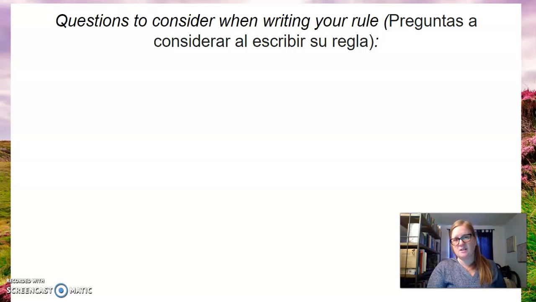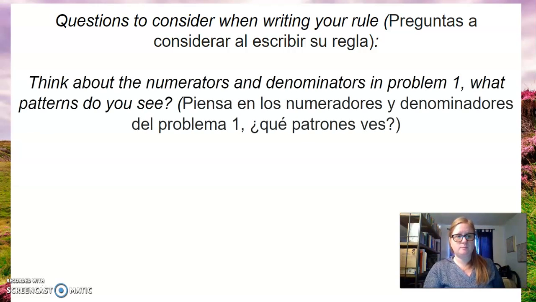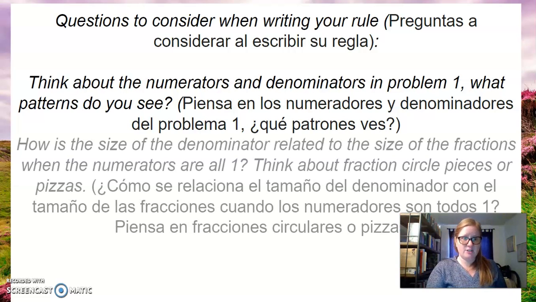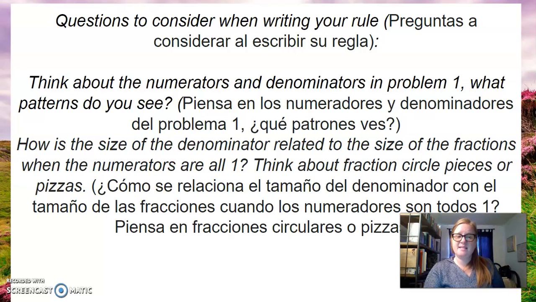So, questions to consider when writing your rule. Think about the numerators and denominators in problem 1. What patterns do you see? How is the size of the denominator related to the size of the fraction when the numerators are all 1? Think about fraction circle pieces or pizzas. Pizza is good.